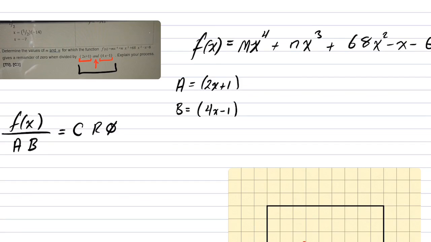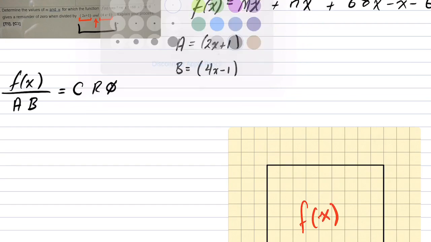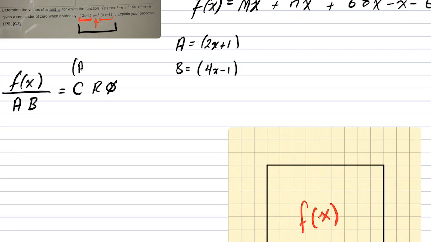Let's get a and b out of the denominator by multiplying a and b out, and we have to do that over here too. Then f of x is equivalent to whatever number we're supposed to get that has a remainder of 0, times a and b.